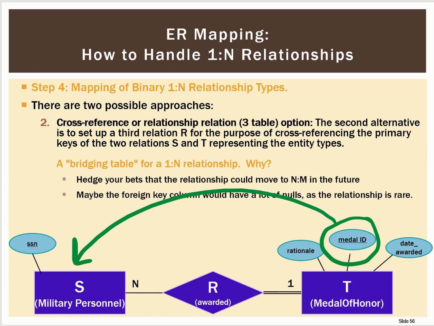So while this would work, we would have a Medal of Honor field, the medal ID foreign key, in this table, and it would be very sparsely populated. Maybe less than 0.1% of military personnel will ever receive this medal. So we'll have a foreign key column that will have an awful lot of nulls. And so maybe that's not the best way to do it.